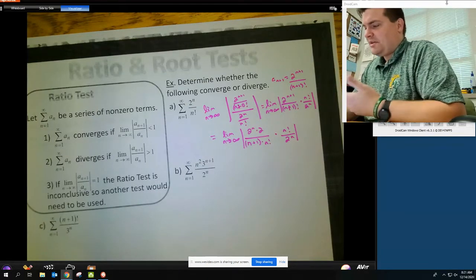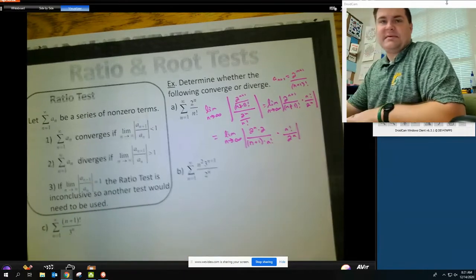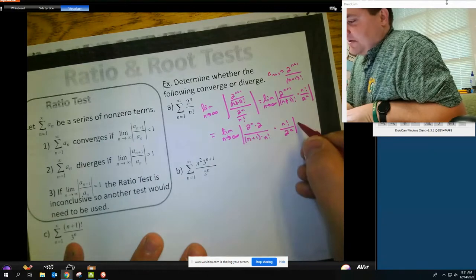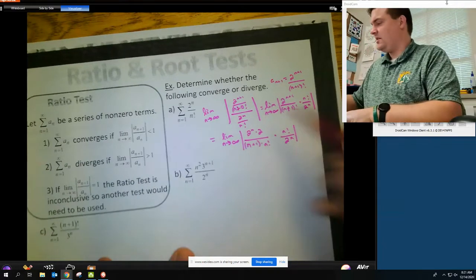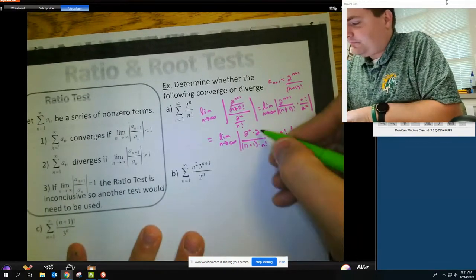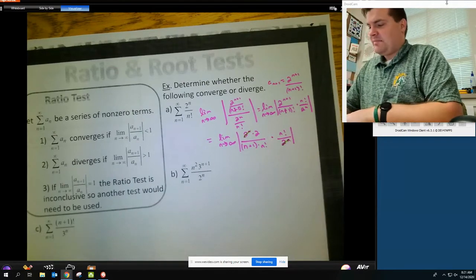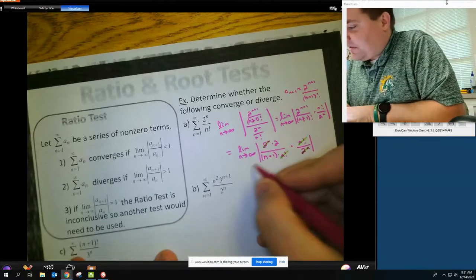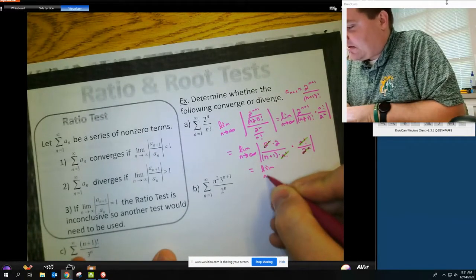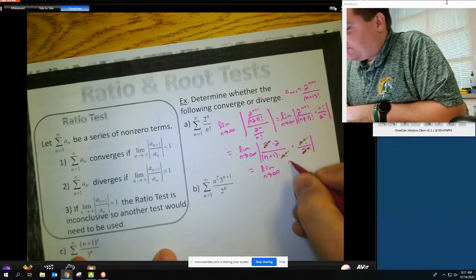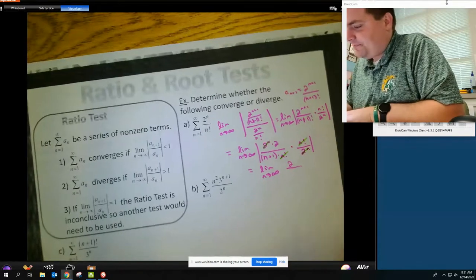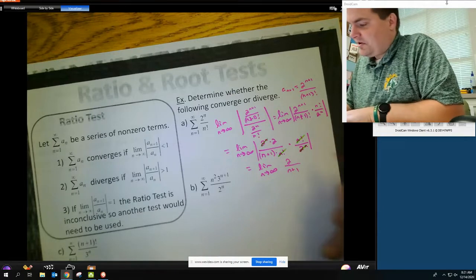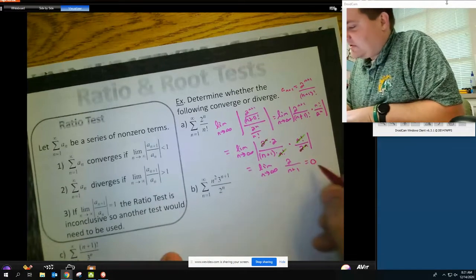So everything here is going to be positive, so those absolute values really are not necessary anymore. What's going to end up happening here is I'm going to get these 2 to the n's canceling out. Boom, boom. I'm going to get these n factorials to cancel out. Boom, boom. And I'm going to be left with the limit as n approaches infinity of 2 over n plus 1, which is going to equal 0, which is less than 1.